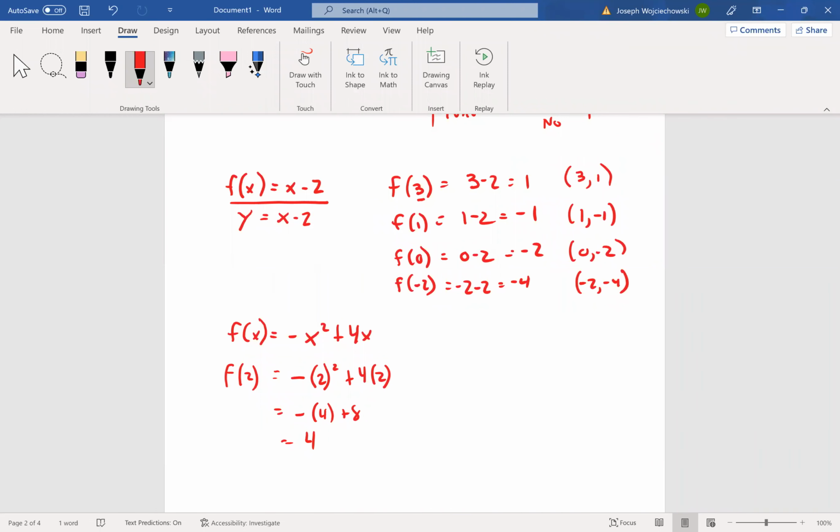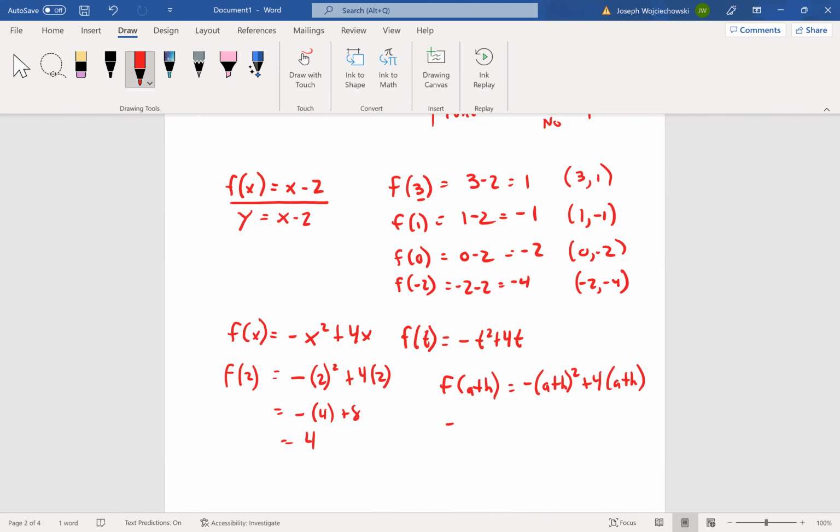Okay, what about something like this? F of t. All this means is replace x with t. So I get negative t squared plus 4t. How about this one though? F of a plus h. Well, again, it would be the negative of a plus h squared plus 4 times a plus h.